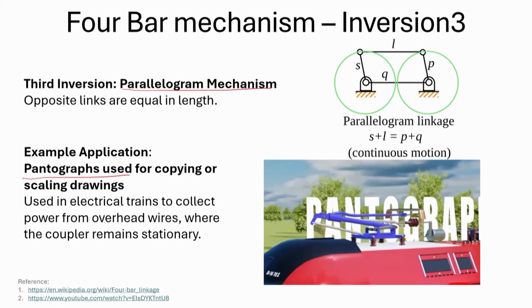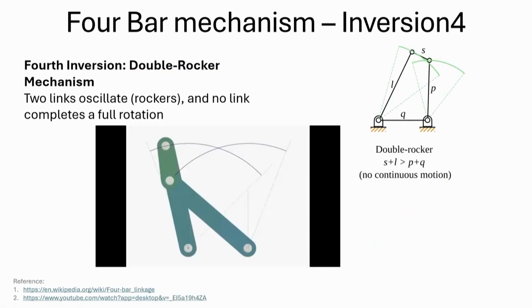So, here the condition is that the opposite links are to be of equal length. So, S and P are to be of equal length and L and Q are to be of equal length, and S plus L has to be equal to P plus Q. Now, as I told you, this is used for copying or for pantograph type of applications. You can also see how it works.